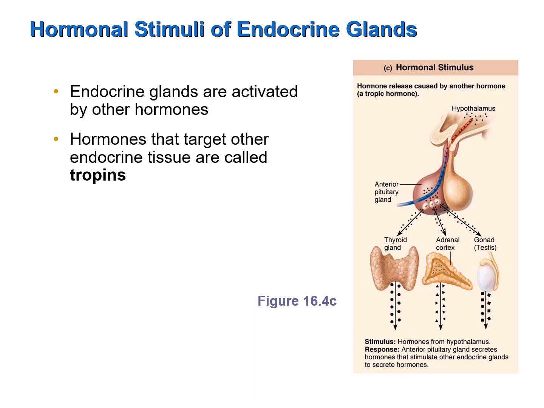Lastly is a hormonal stimulus. So believe it or not, one hormone can target an endocrine gland and cause the secretion of another hormone. An example of this would be the release of thyroid stimulating hormone, adrenocorticotropic hormone, and these hormones which are called the gonadotropins, right?